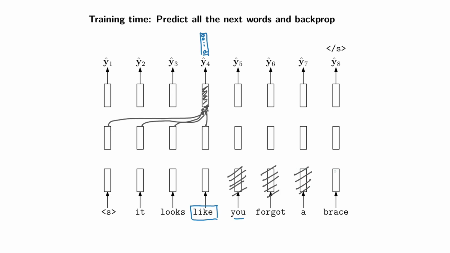So all of these are masked out. And that really means that what happens at training time matches what happens at test time, at inference time. But at training time, we know what words should come next, which means that we can parallelize this thing. One of the major benefits of using transformer language modeling.